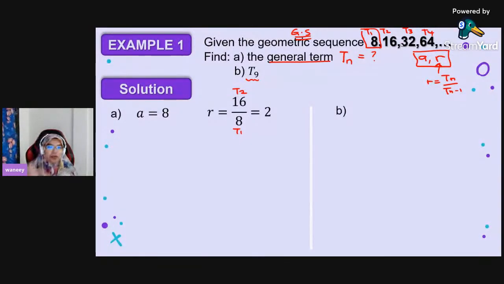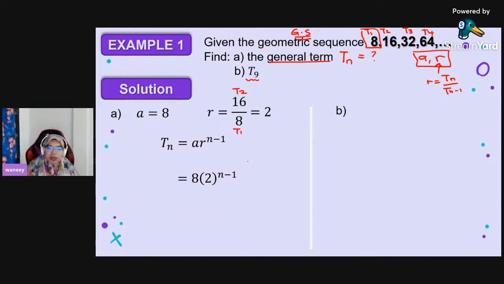Okay, so now you already have your first term, you have your common ratio. Of course, you can easily substitute into the formula of Tn. Tn is AR to the power of n minus 1. So substitute A is 8, R is 2. So we get 8 multiplied by 2 to the power of n minus 1.